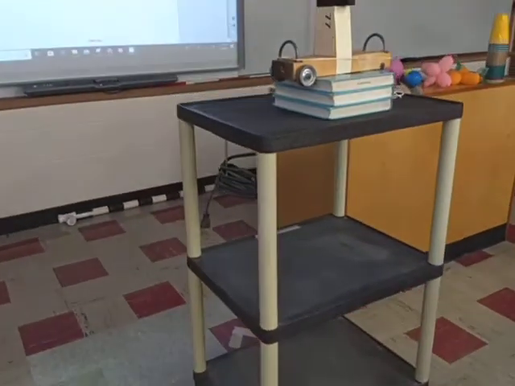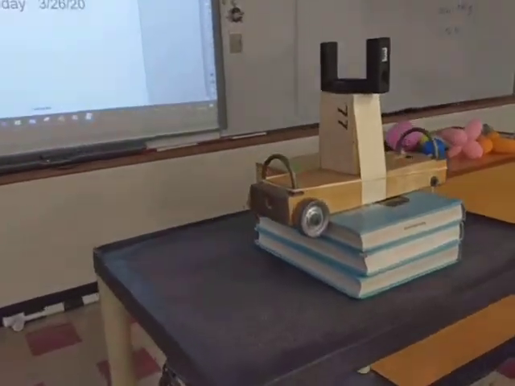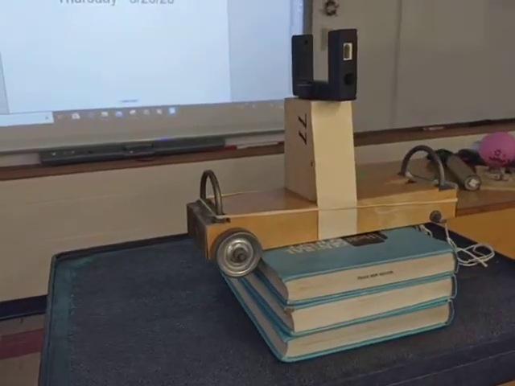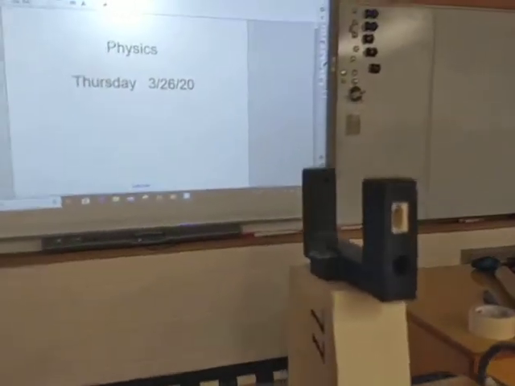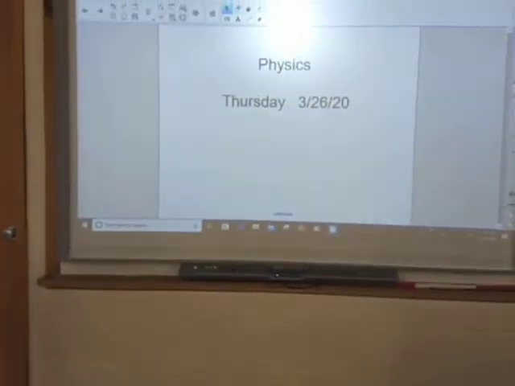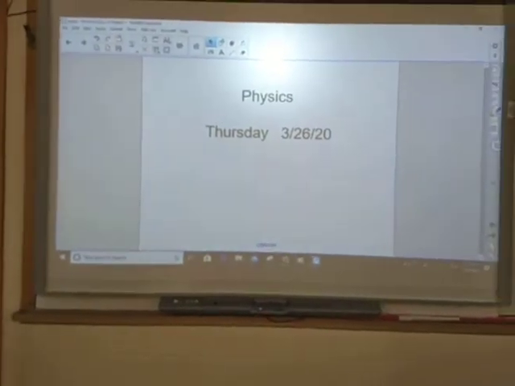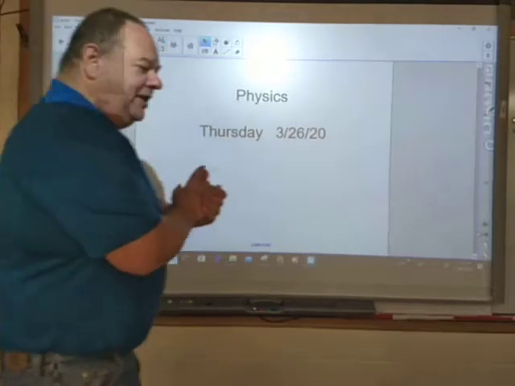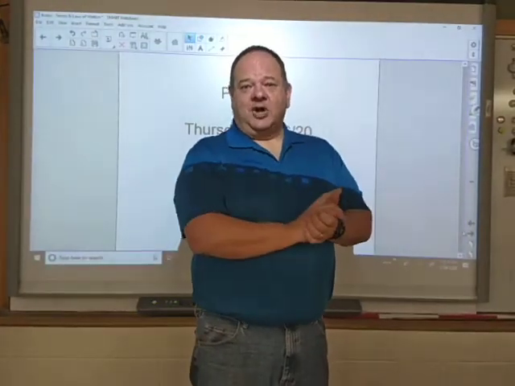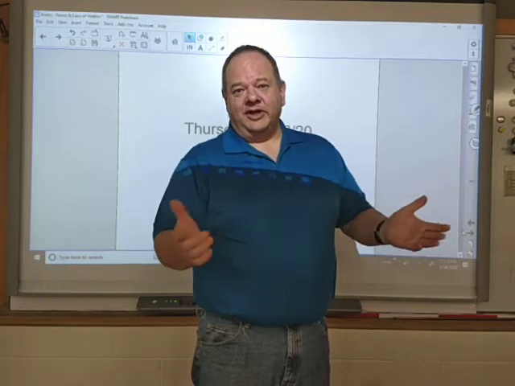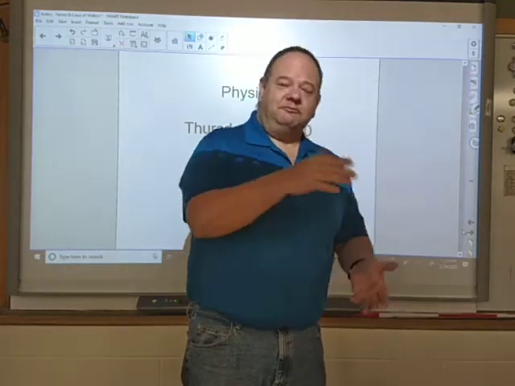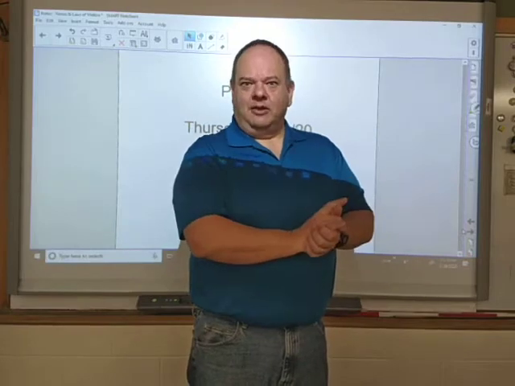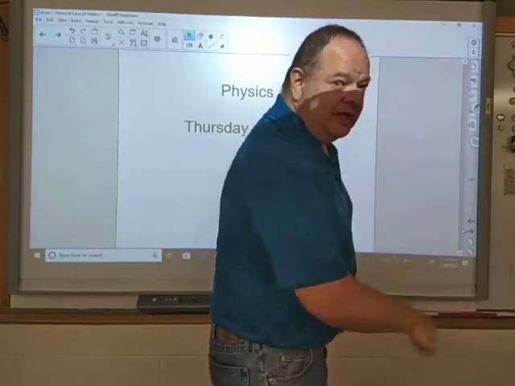I got a nice library cart, a couple of books, our dynamics cart from our Newton's Second Law lab with the block taped to the top, and then I got my photo gate, and it seems like I can put my phone right in here, and voila, we have a camera stand. Just don't bump it. Now I say that, and just watch, it'll probably fall over halfway through the video, and my camera will bounce off, hit the floor, break, and then what am I going to do? I don't know, but let's knock on wood.